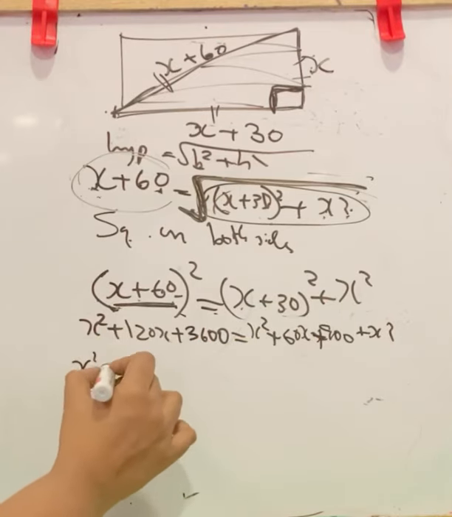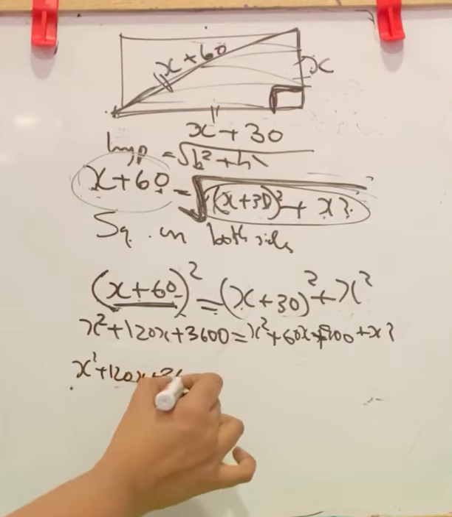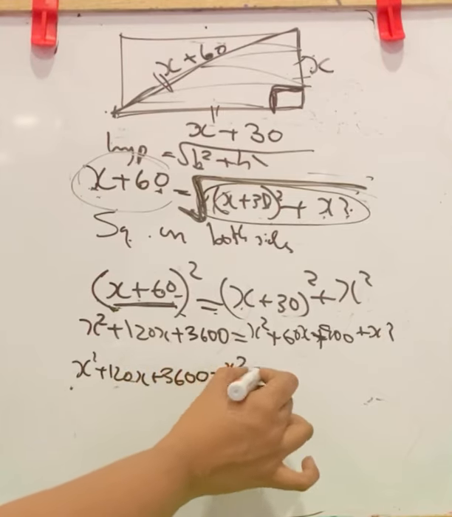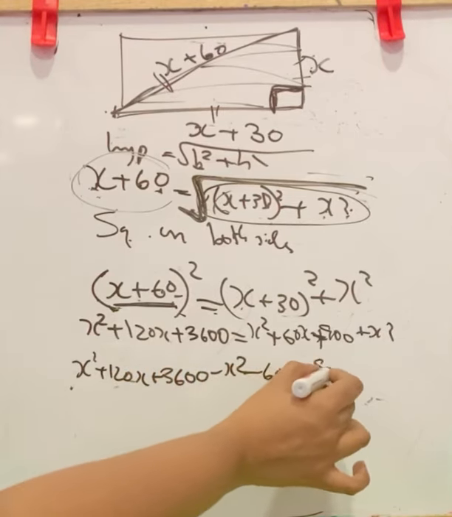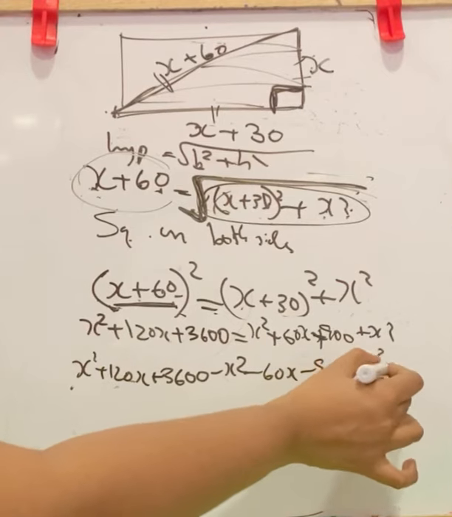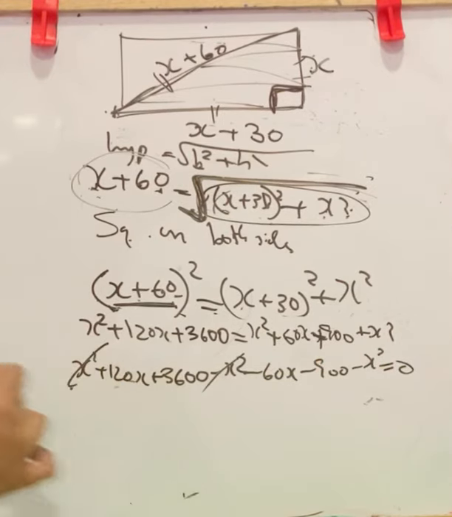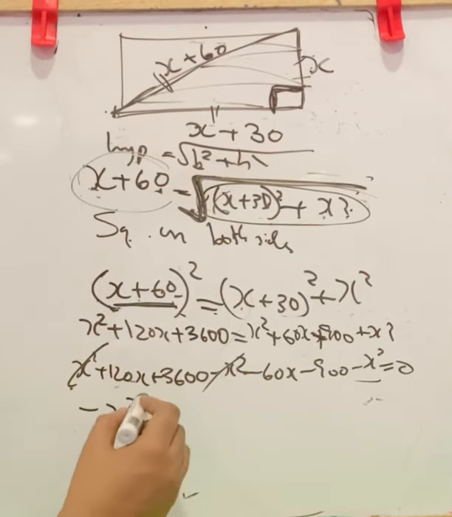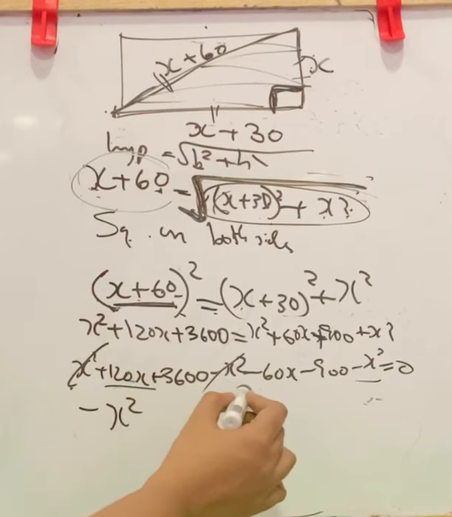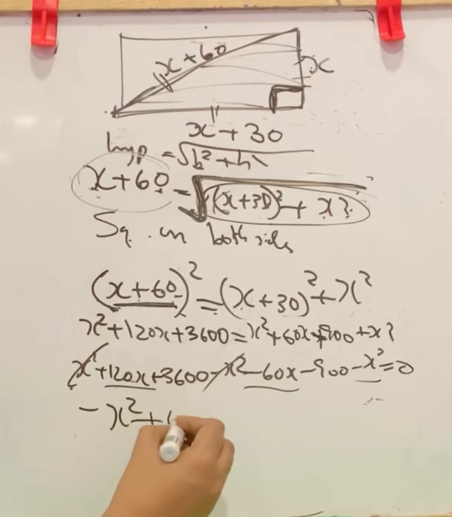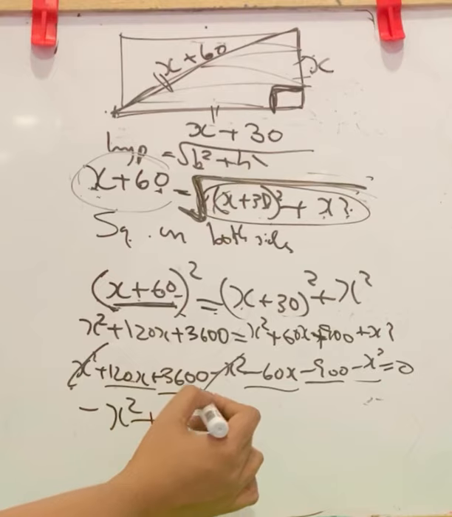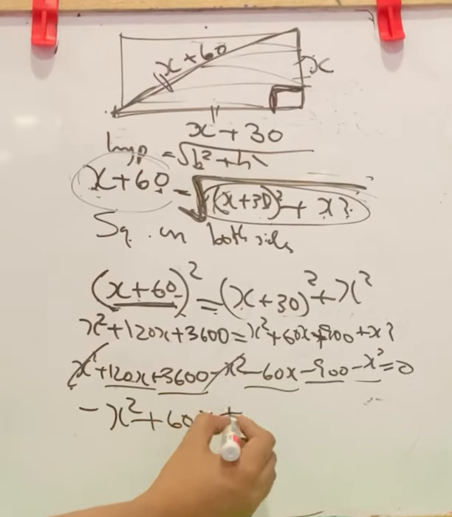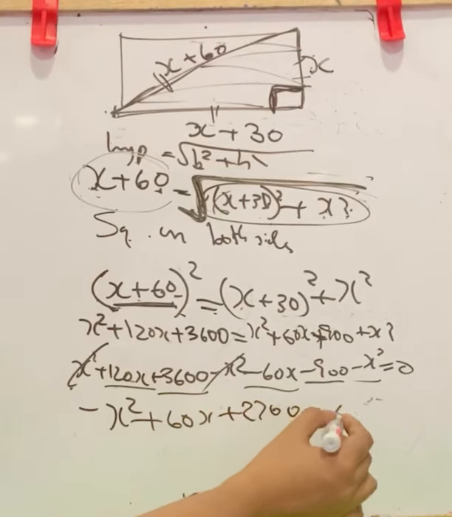Now take all the terms to LHS. x square plus 120x plus 3600 minus x square minus 60x minus 900 minus x square equal to 0. x square and minus x square are additive inverses, they will get cancelled. Left will be minus x square, rearranging it, 120x minus 60x is plus 60x, plus 3600 minus 900 is plus 2700, equal to 0.